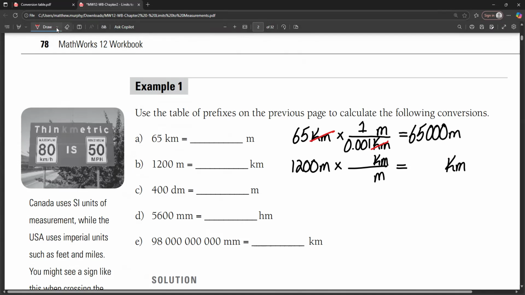So I have 0.001 over 1 meter. Okay. And again, as long as you have it set up like this, it'll work every single time. 1,200 times 0.001 divided by 1, and we should get our answer. And it should come out to 1.2.